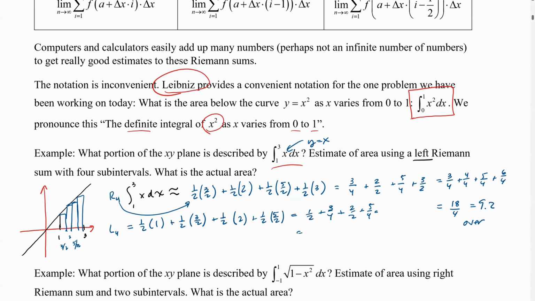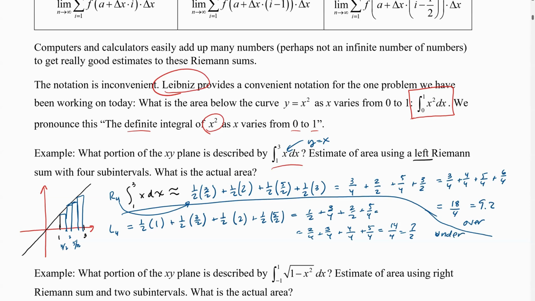Common denominator of 4, so 2/4 plus 3/4 plus 4/4 plus 5/4. That's 14/4 or 7/2. And again, since this is a left-hand estimate, we call that one an underestimate.